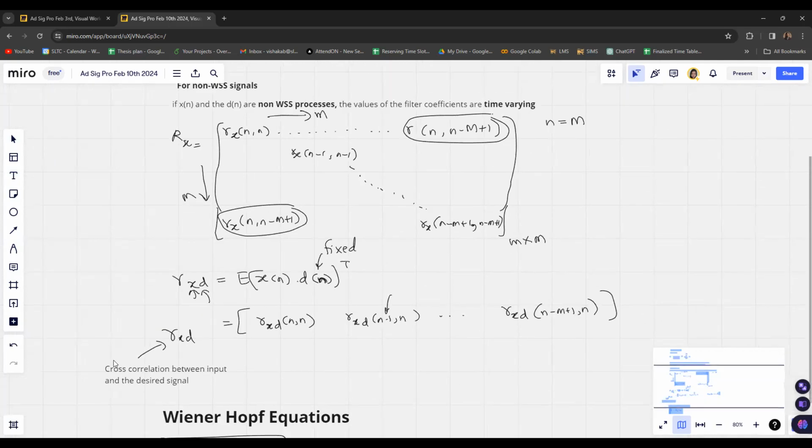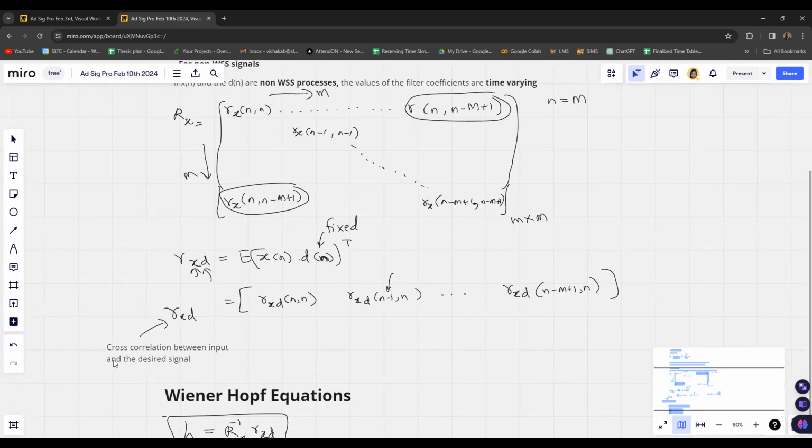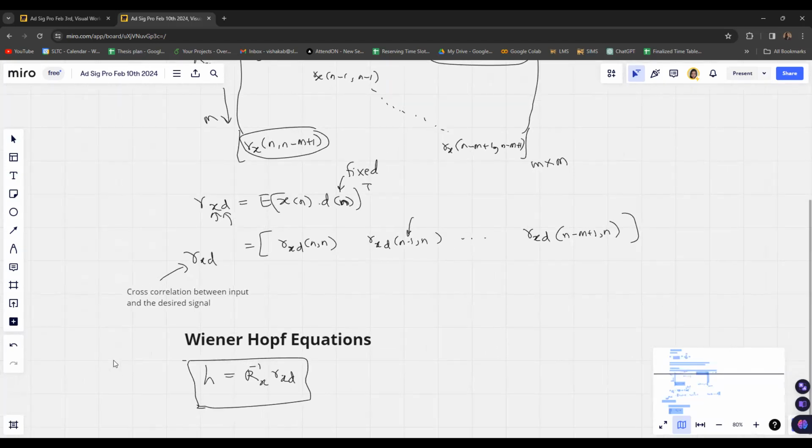Similarly, RxD will change over time, because the statistics of the cross correlation between the input signal and the desired signal will also change with time, right?